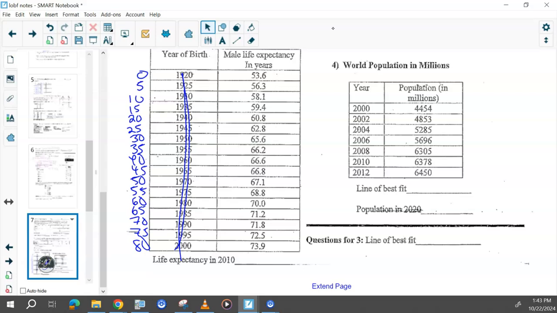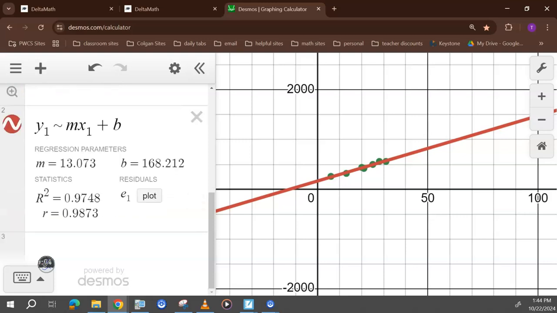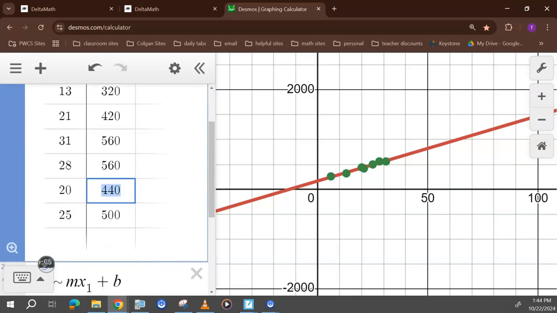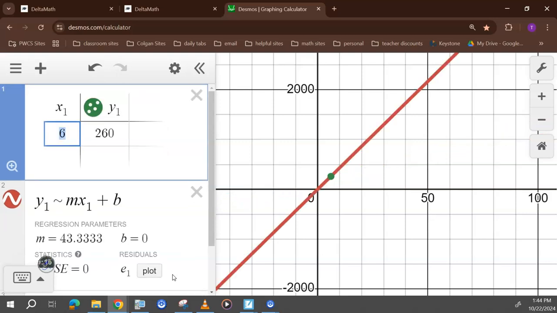Only x, the actual year itself. Okay, yes. Go on. Yes. What do I write on the line next to line of best fit? The equation for the line of best fit.